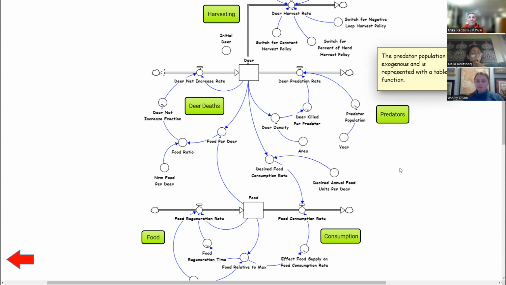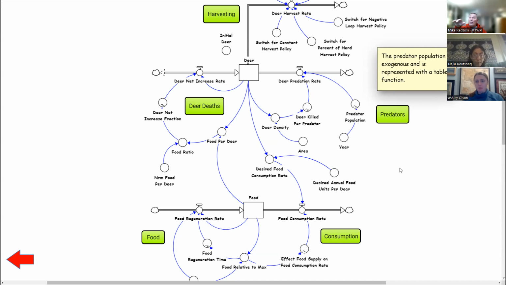Well, so the deer, there's a deer net increase rate or a birth rate. I would have probably said net birth rate, again, it's not my model. And that's influenced through a table function by the food ratio, the normal food per deer and the actual food per deer.